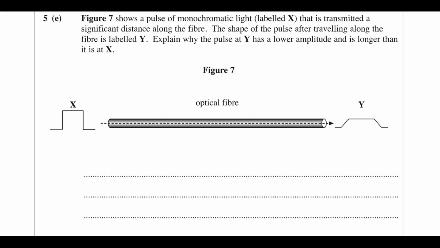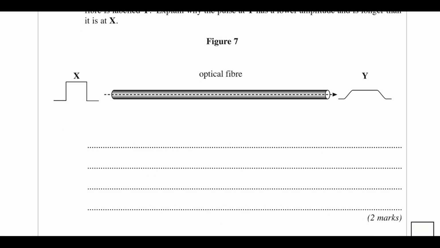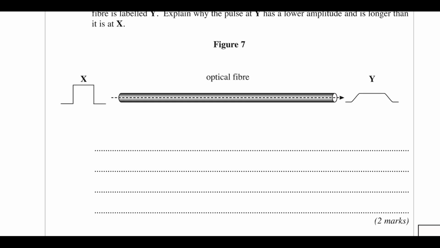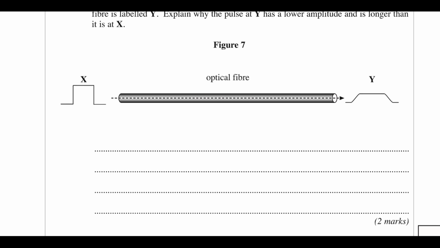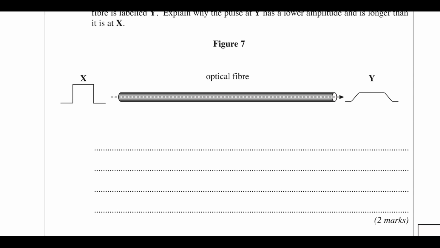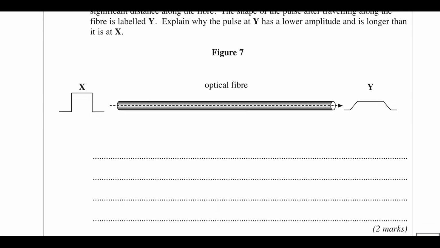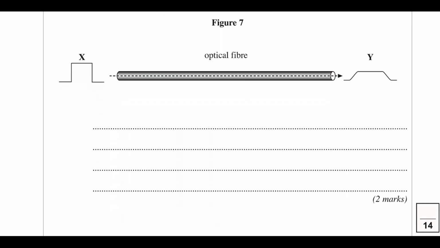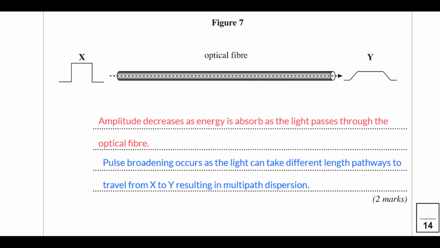So if a pulse gets broader, that means pulse broadening has happened, which is caused by multi-path dispersion, so the waves taking different paths from x to y. The decrease in amplitude will be due to energy being absorbed as it passes along the optical fibre. So let's put those two down. Alright, so that's what we've got there. So the 2 points for the 2 marks. Amplitude decreases as energy is absorbed.